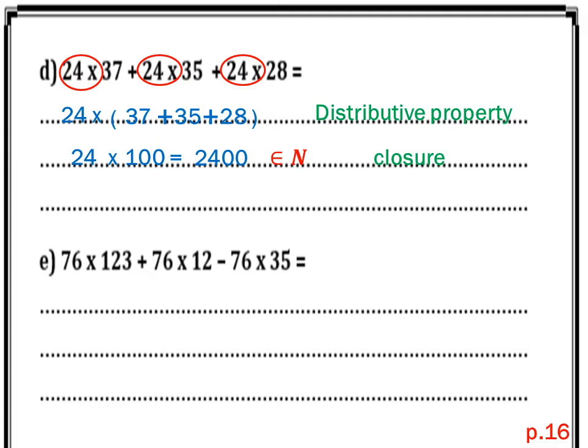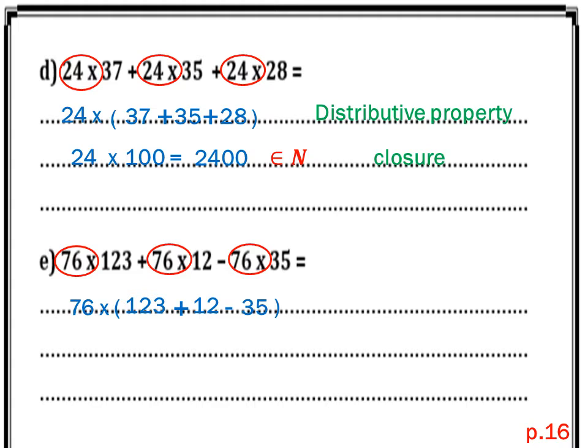And now in letter E, 76 times 123 plus 76 times 12 minus 76 times 35. So let's circle the repeated number and multiply, which is 76 times, 76 times, 76 times, like this. And collect the 76 and multiply, then write it only one time. So we have 76 multiply. Open bracket and write the rest: 123 plus 12 minus 35.